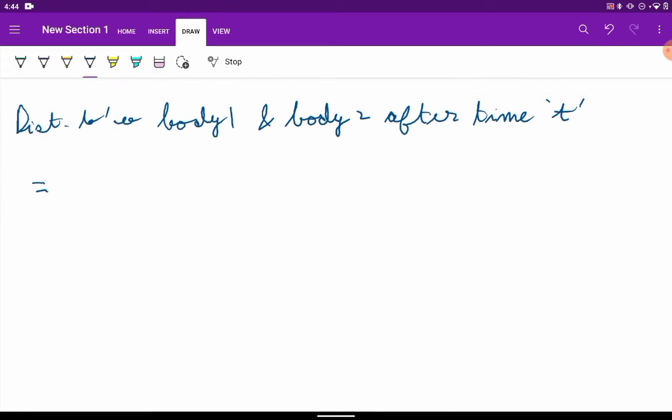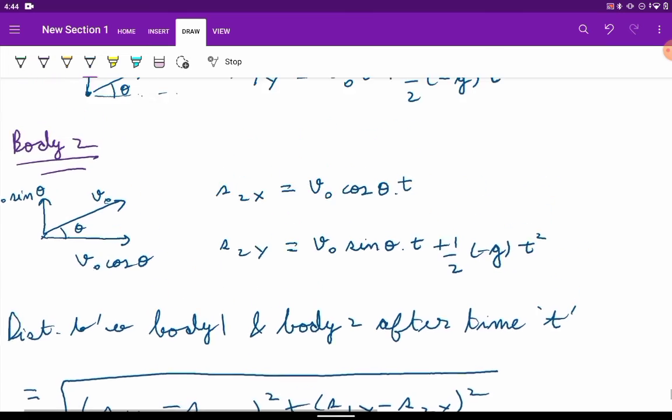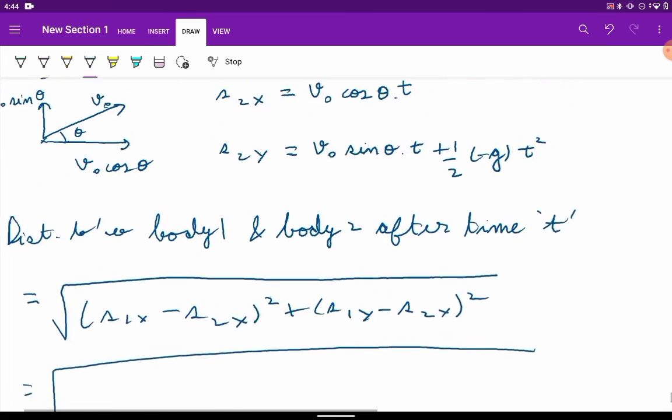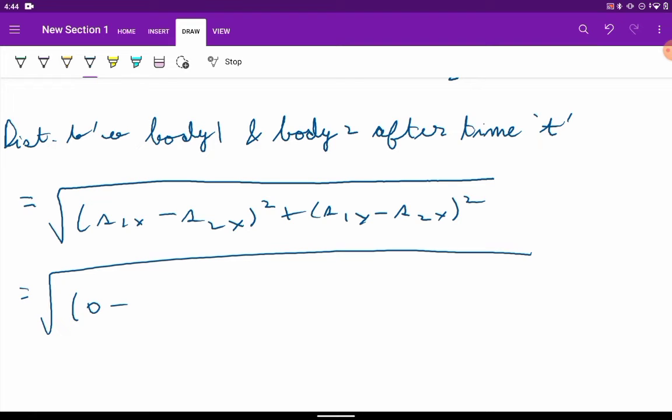So by Euclidean geometry the distance is nothing but root over s1x minus s2x whole square plus s1y minus s2y whole square. Just substitute the values here. So s1x is 0, s2x is v naught cos theta t, so v naught cos theta t square.